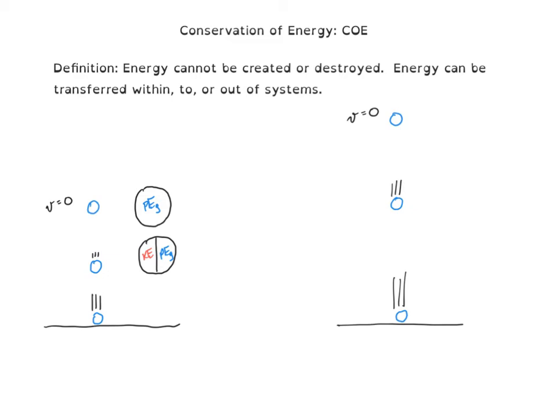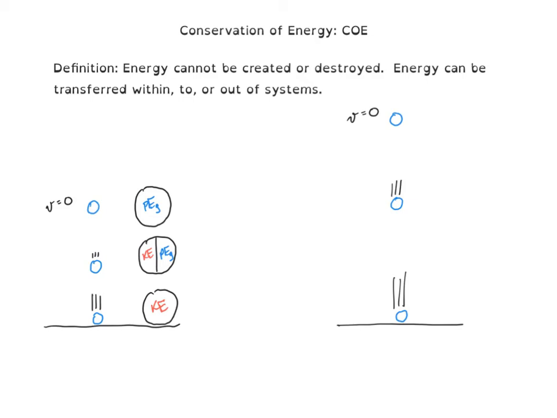Now, the last snapshot here, right before it hits the ground, like that millisecond before it hits the ground, we no longer have a height here, so there is no gravitational potential energy. All of that gravitational potential that we started with has now been transferred to the kinetic energy account.